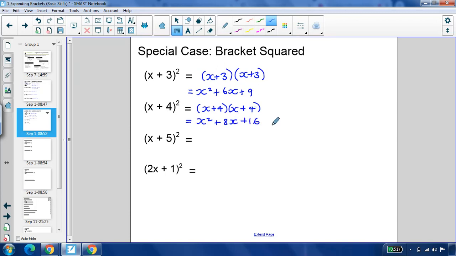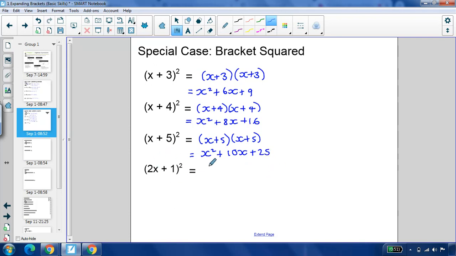Now you may have started to spot the pattern here, and you may feel confident in going from here to the final answer. I'm still going to write it out, but you can check if you get the same answer as me. So I'll have x squared plus 5x plus another 5x, which will be 10x, and then add 25.